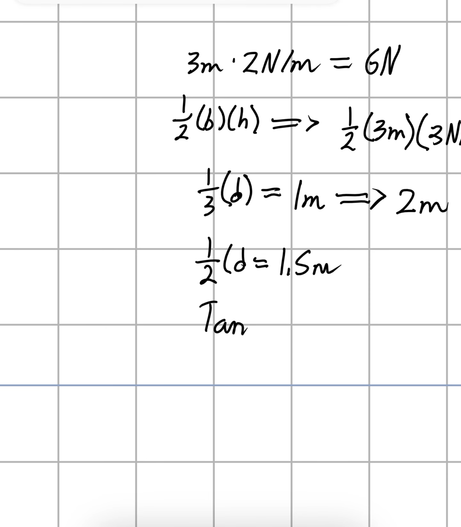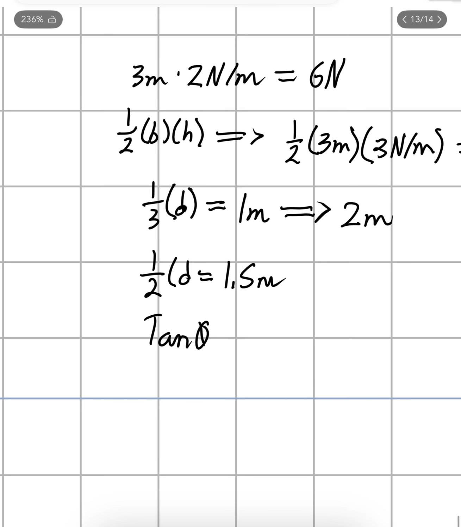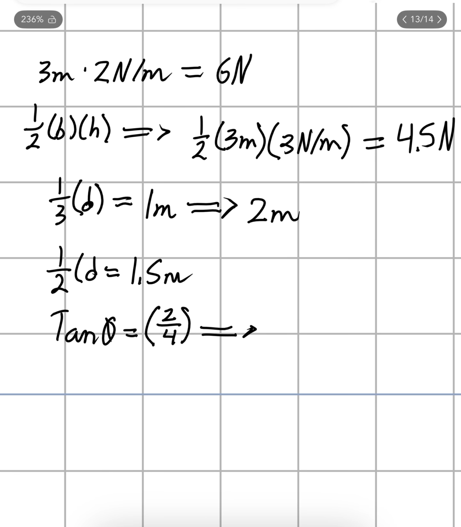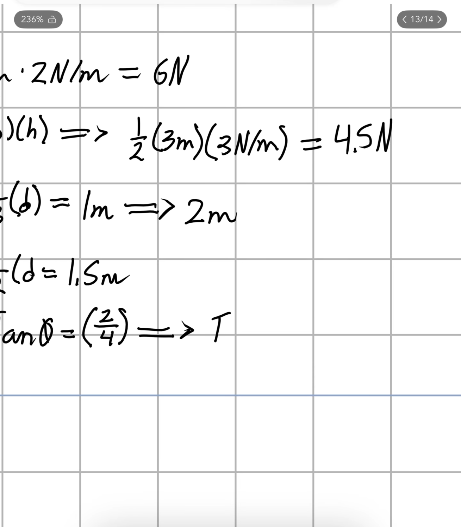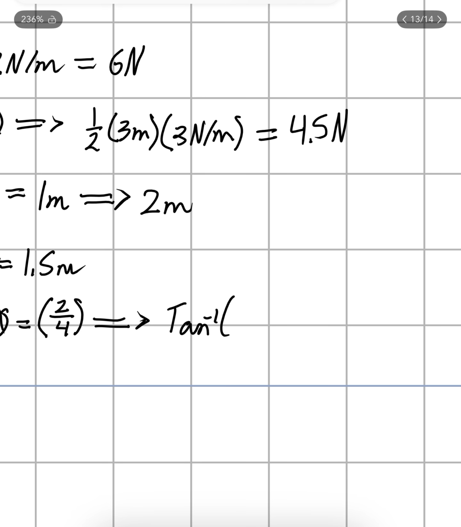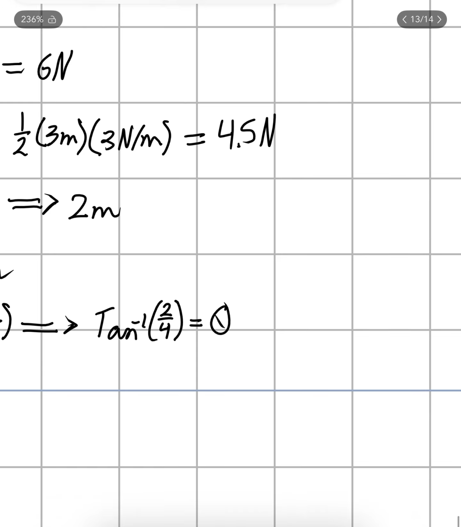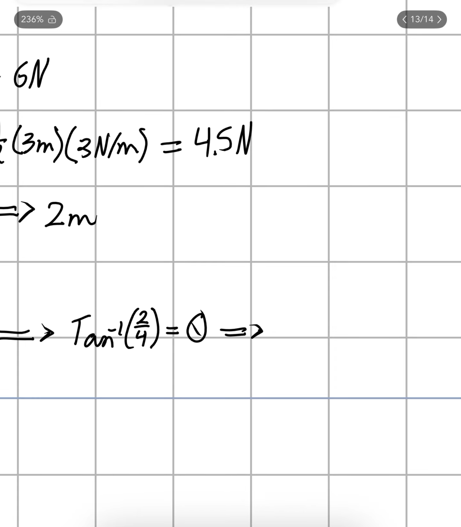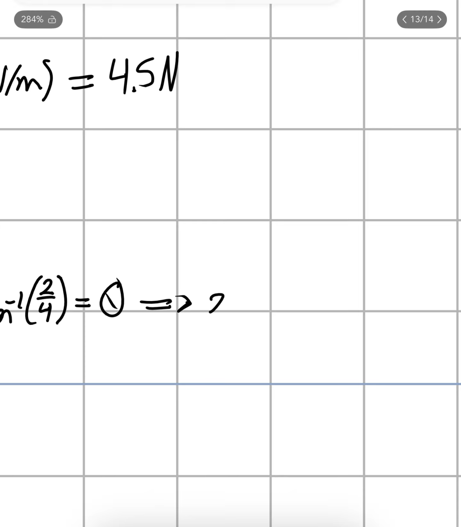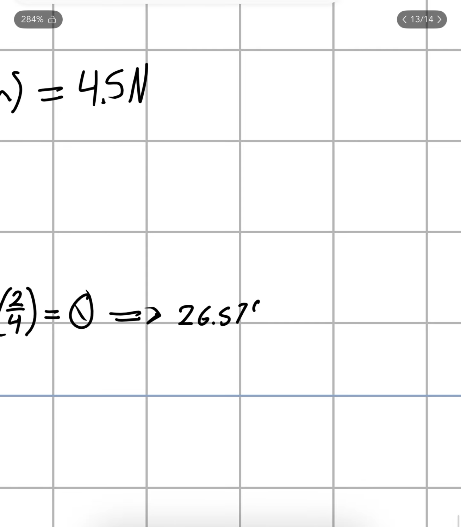Tangent of theta equals run over rise, 2/4. This turns into inverse tangent of 2/4 equals theta. When we put this on our calculator, we find that tangent inverse of 2/4 is 26.57 degrees.